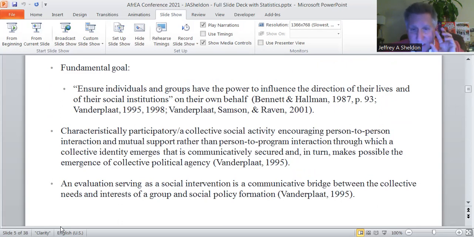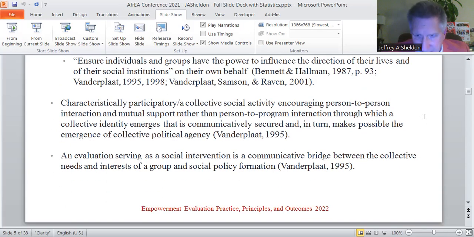The evaluation is the connector between the needs and interests that people have about the changes they want to see, and the actual influence on social policy formation, or the creation of new social policies from which they directly benefit. Okay. So let's see what else we got here.